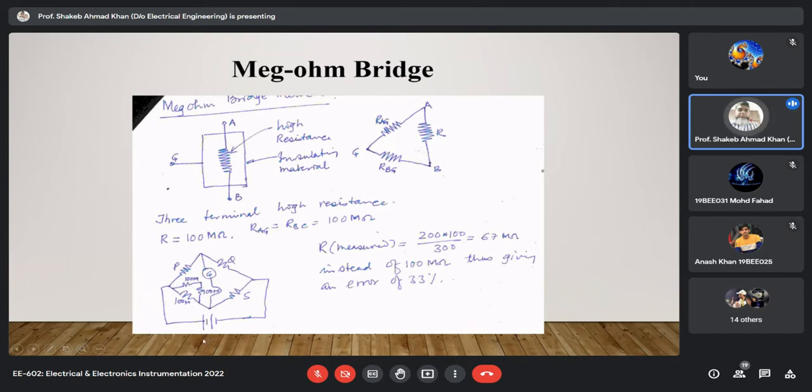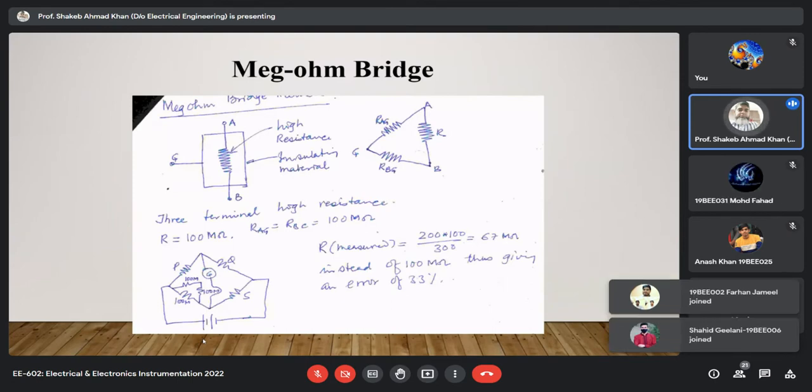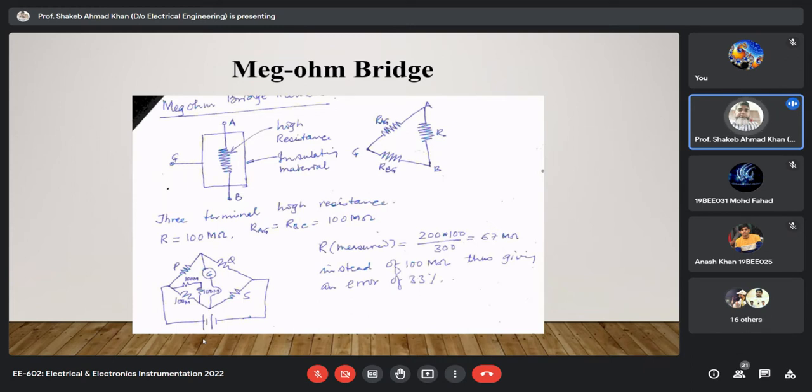That is the issue, and that is the problem you will face if your Wheatstone bridge is not properly modified to connect the guard terminal at the appropriate place. This is the issue that I have discussed here.